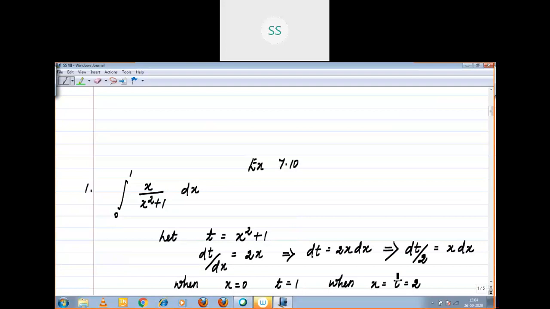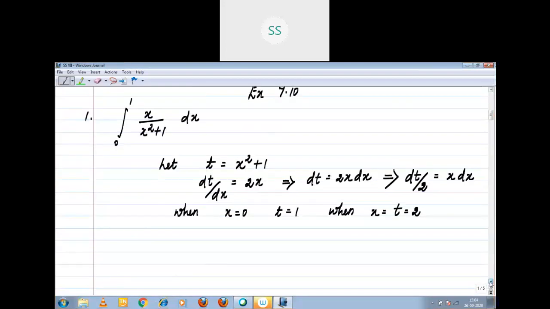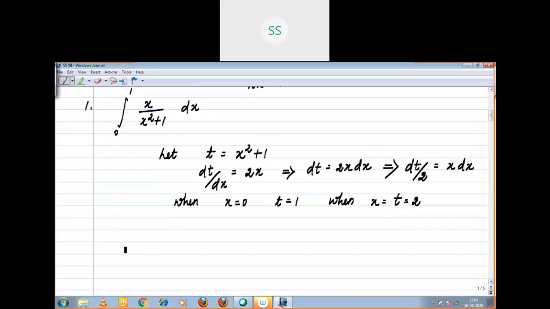Right? Now we are going to integrate. I equal to integral, now 0 to 1 is going to change in terms of 1 to 2. Right? Now x dx can be replaced by dt by 2 divided by t.